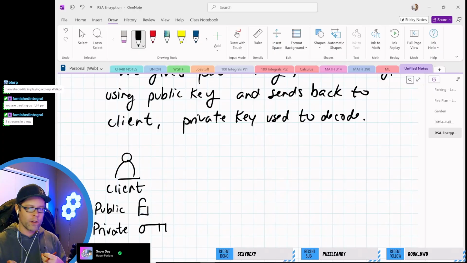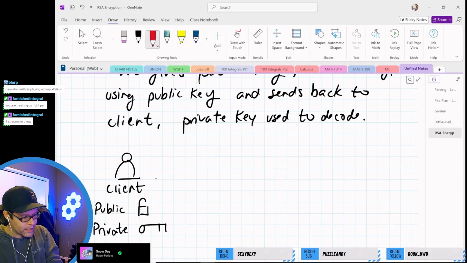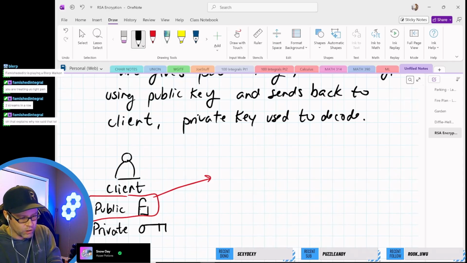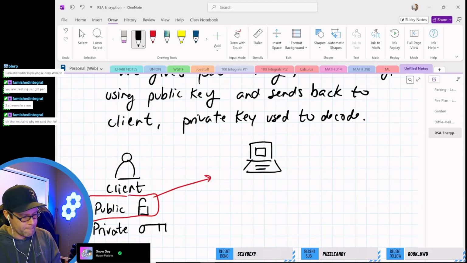The client is going to request information. So the client is going to go ahead and send the public key. So this public key is going to get sent to the server, which I'll just pretend looks like a computer. That's what a computer looks like, right? There's our beautiful computer.